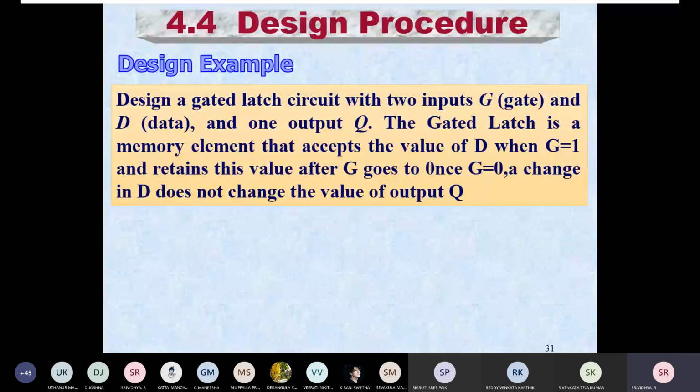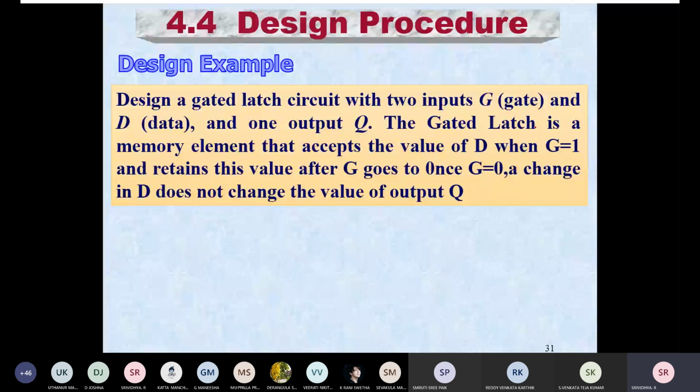One input is G, which is your gate, and D, which is your data, and one output Q. So in this design, you're going to have 2 inputs, D comma G, and one output Q. Now they have given the condition.